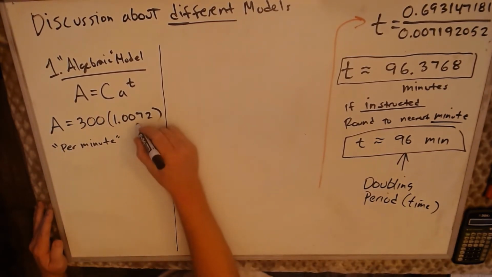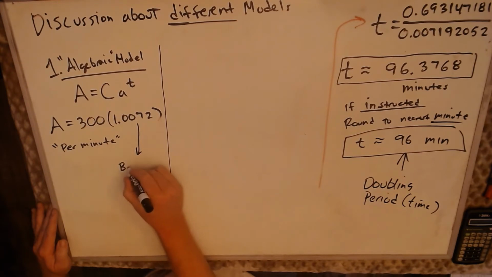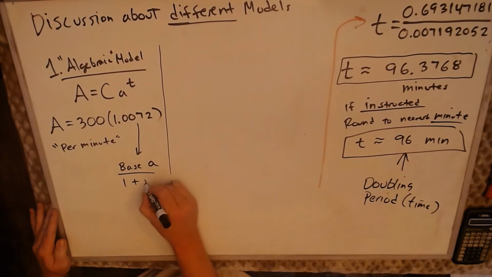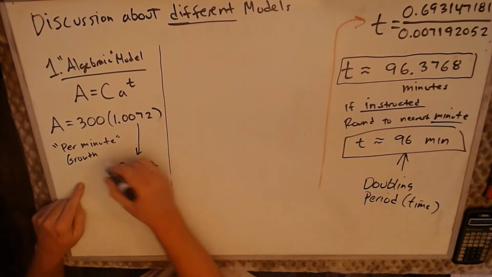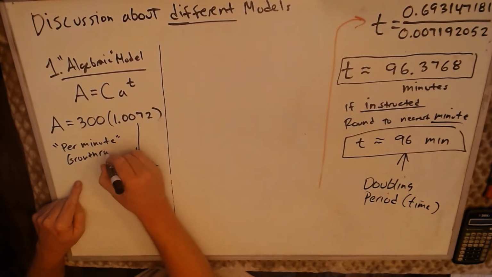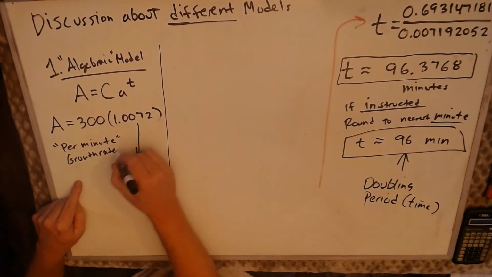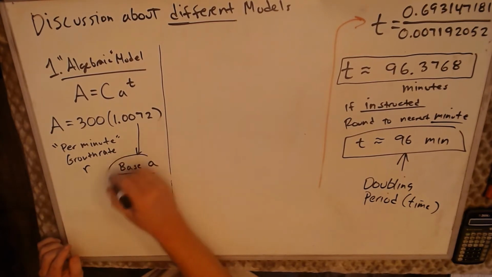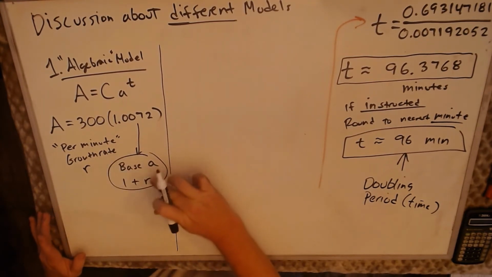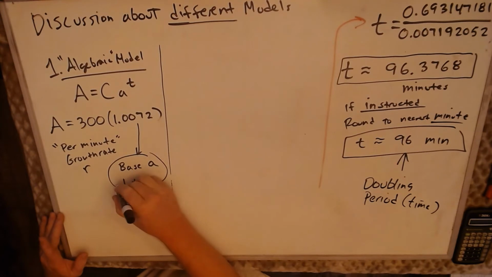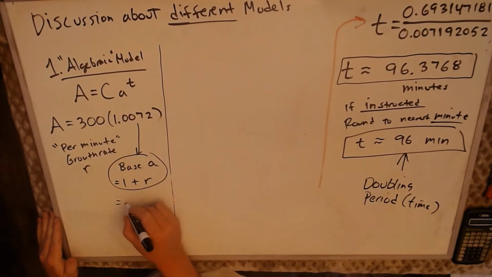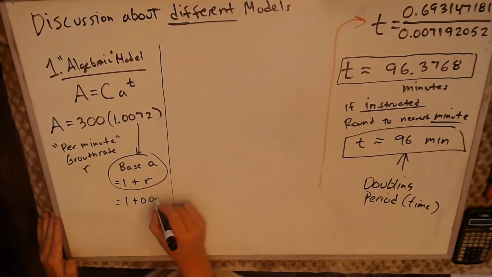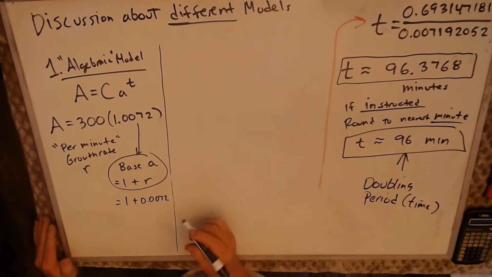You can think of the base A as 1 plus the per minute growth rate. So the base A is equal to 1 plus R, so that's 1 plus 0.0072.